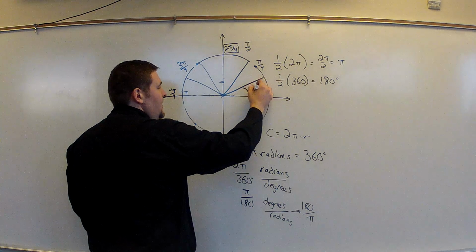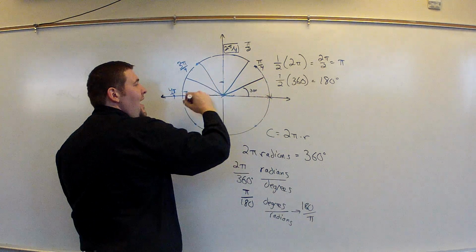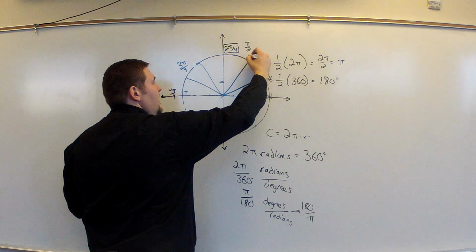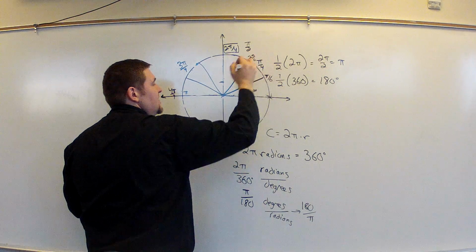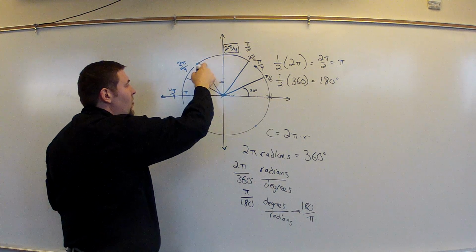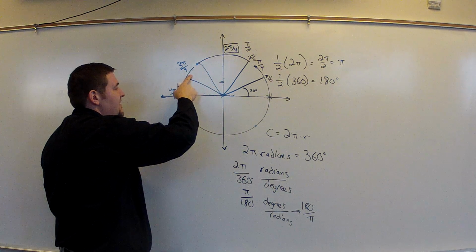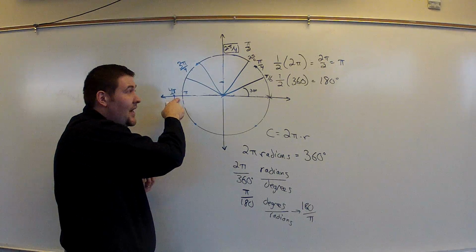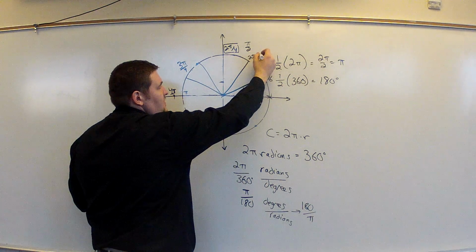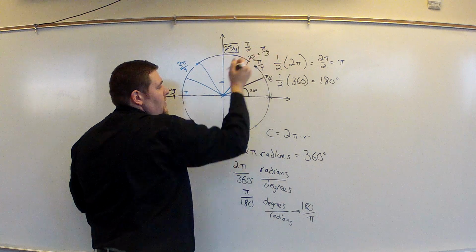Okay, so this piece right here is 1/6 of pi. This is pi over 6. And this here would yield 2 pi over 6s. 3 pi over 6 simplifies to 1/2 pi. 4 pi over 6, 5 pi over 6, 6 pi over 6, thus making pi. What I want to focus on is this one for a minute, 2 pi over 6. You reduce that fraction, it becomes pi over 3.